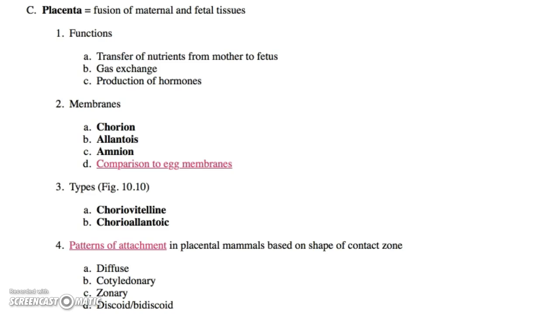And the third major function of the placenta is the production of hormones. And these hormones both maintain the integrity of the tissues that make up the placenta. They also maintain pregnancy, so prevent the mother's body from interrupting pregnancy before the fetus is done developing and ready to be born.